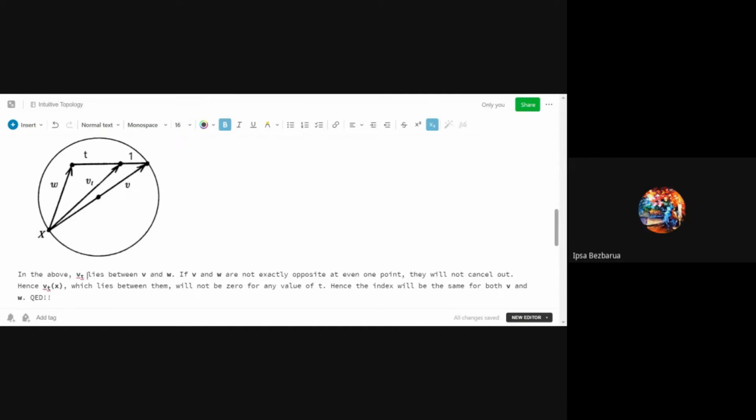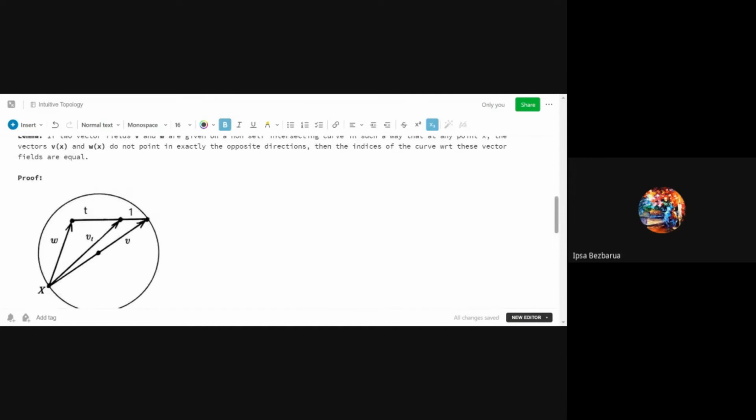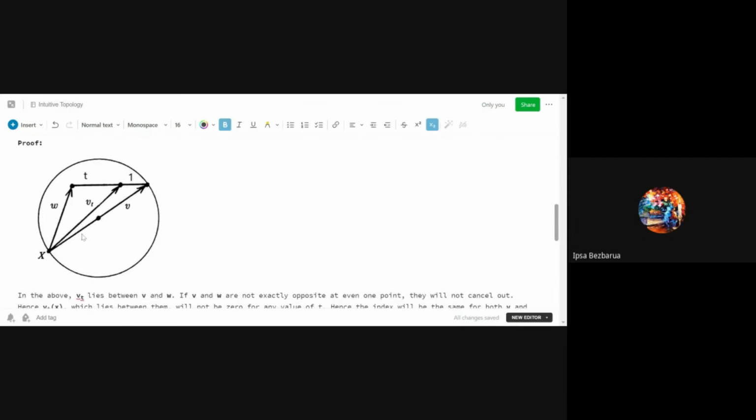So basically what you want to show, if you want the index to be the same for both v and w, you will want the same number of rotations being performed by both of these vector fields. So basically there shouldn't be any singularity in between them, right?